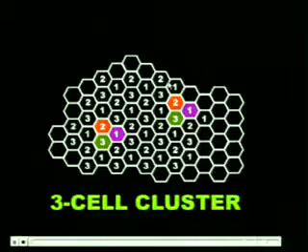So, a cluster may have 7 cells, 3 cells, 4 cells, 9 cells, so many possibilities, but there is a certain order. We will discuss the geometry of the cells, and we will decide how many cells are possible in a cluster.